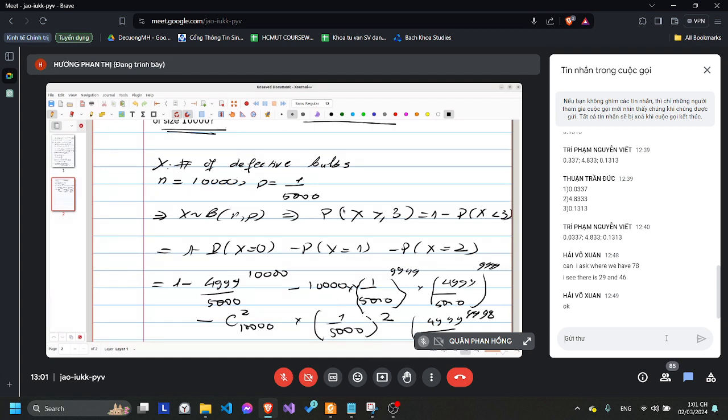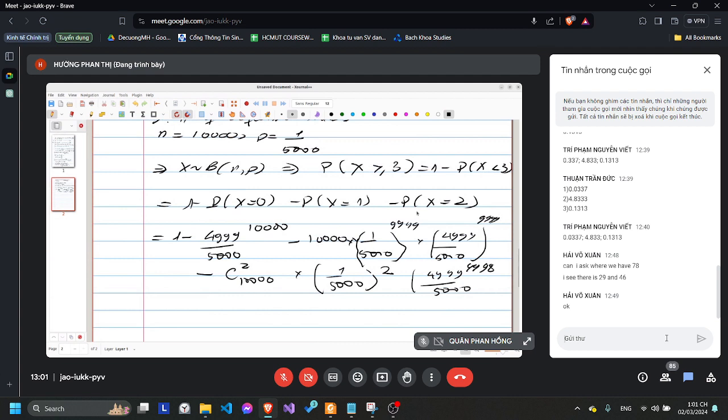Whereas, if you remember the approximation between the Poisson and the binomial, you see that now n is very large, which is 10,000, and p is very small, only 1 over 5,000. Hence, we can write lambda equals np. Now, np only equals 2.